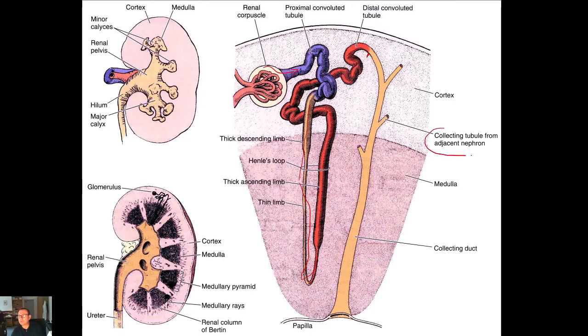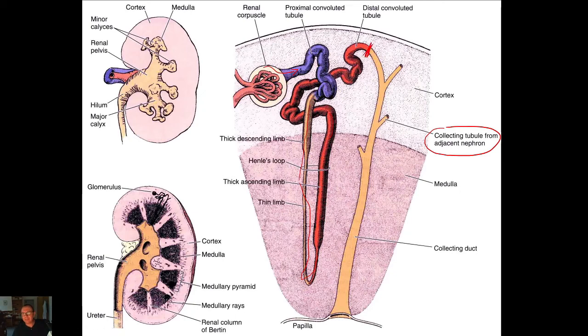Collecting tubules represent parts of the second system of tubules, which have a developmentally different origin, and so I will describe them later. So now I am describing the system of renal tubules of each nephron up to this point approximately.